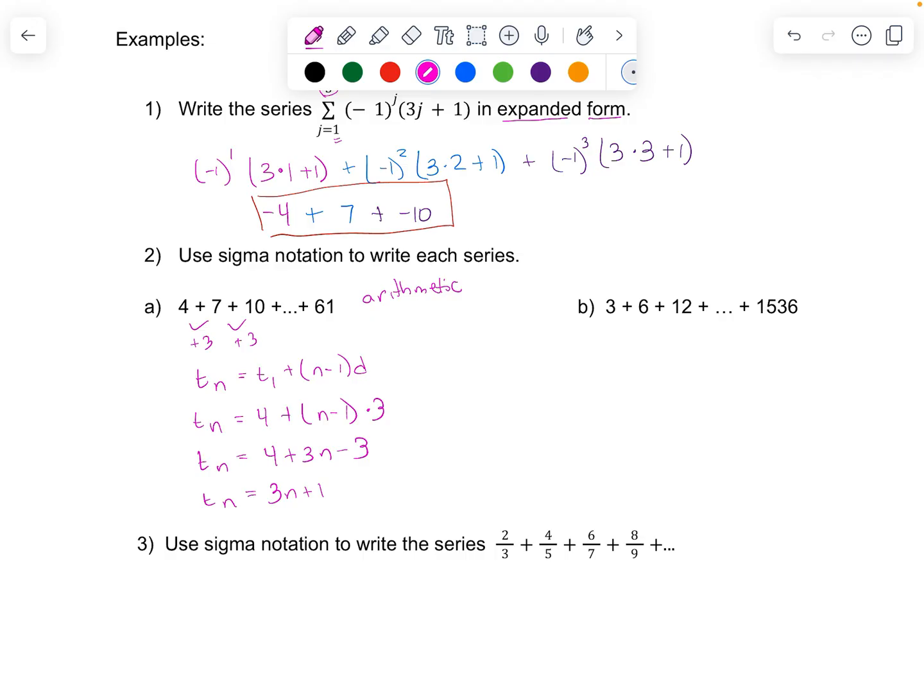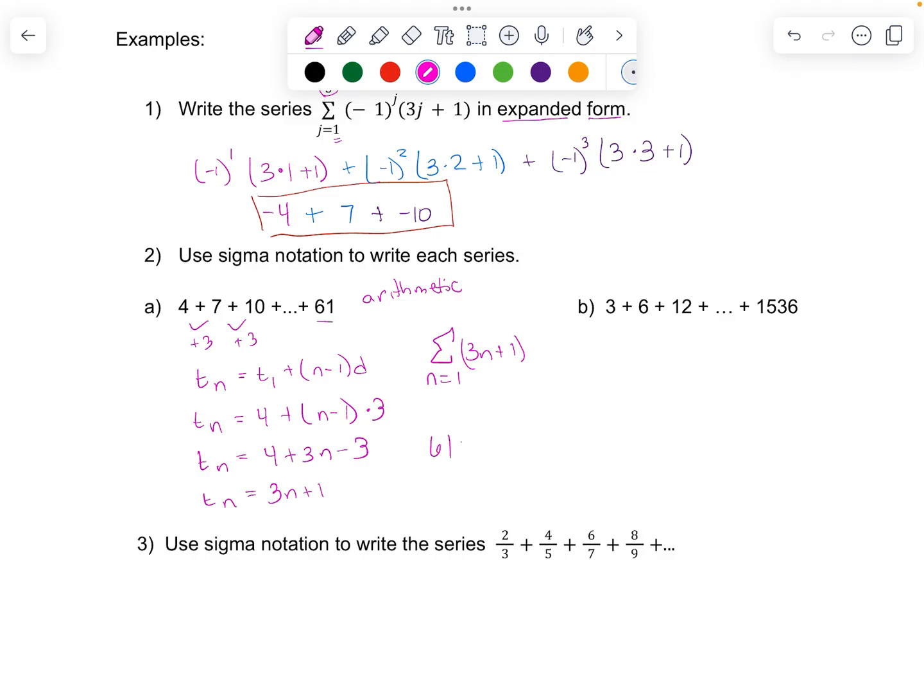So my summation notation would so far look like summation from n equals 1 to something. We don't know what that something is yet, but we do know that the formula is going to be 3n plus 1. Now let's figure out how far this needs to go. So to do that, we're going to plug 61 in for t sub n.